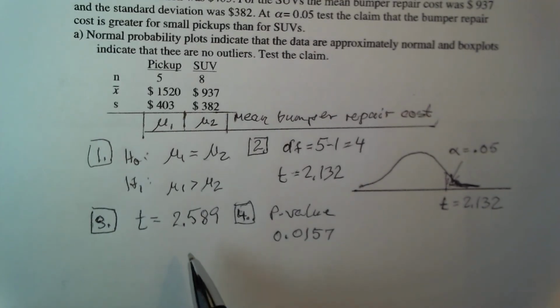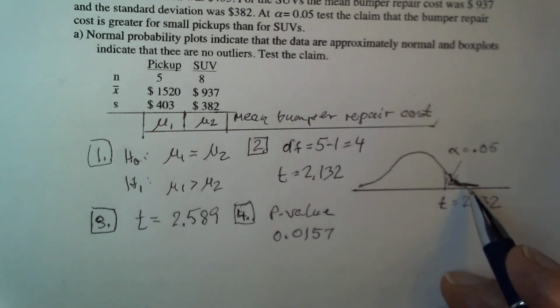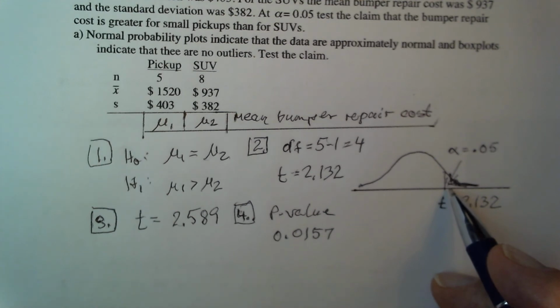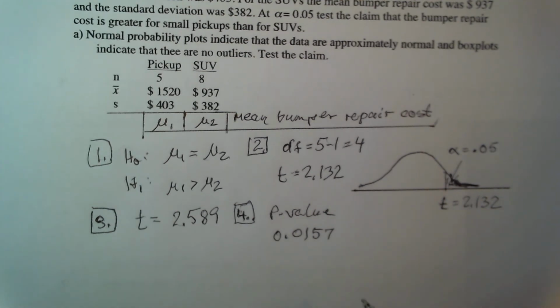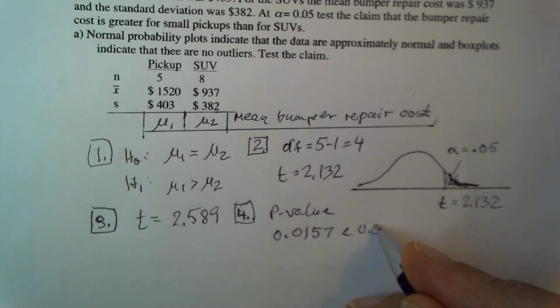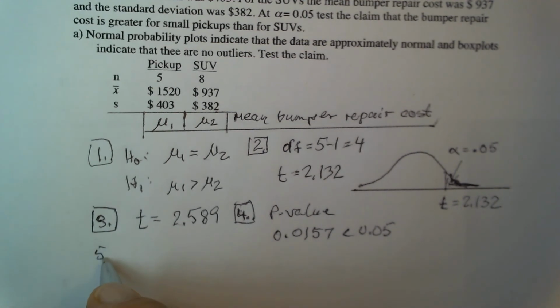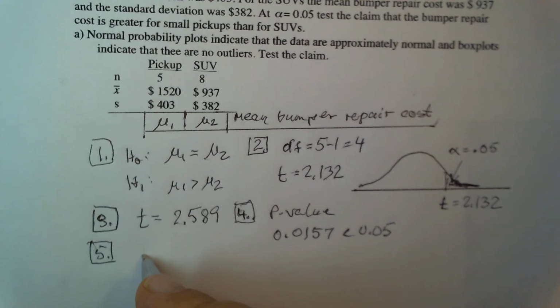With the test statistic of 2.589, we are clearly in the rejection region, so that would suggest we reject the null hypothesis. Also, the p-value is less than alpha, 0.05, which also suggests to reject the null hypothesis. So then our decision is reject the null hypothesis.